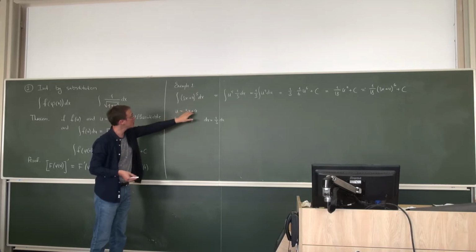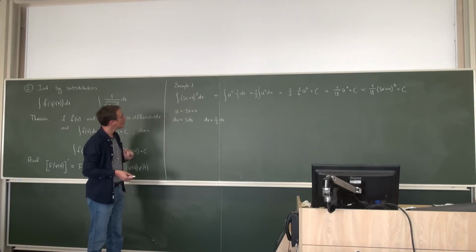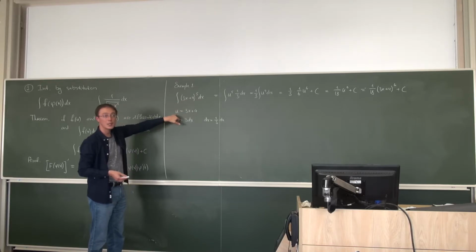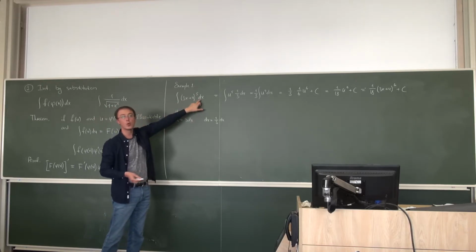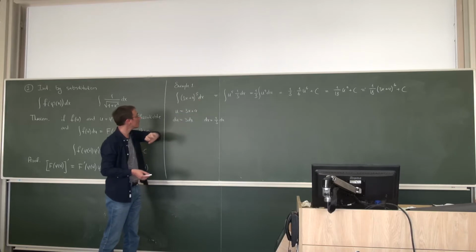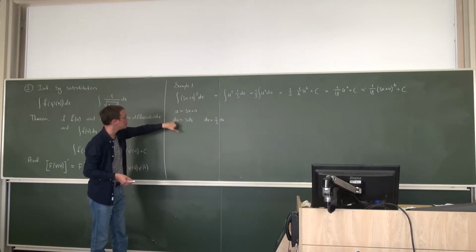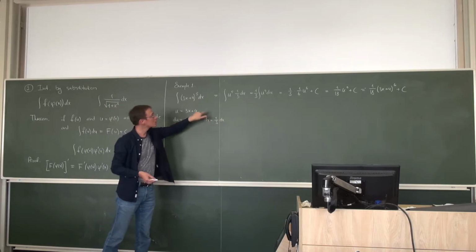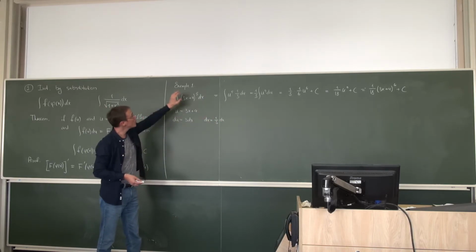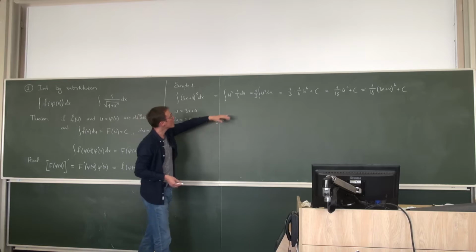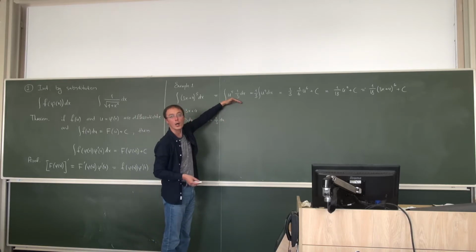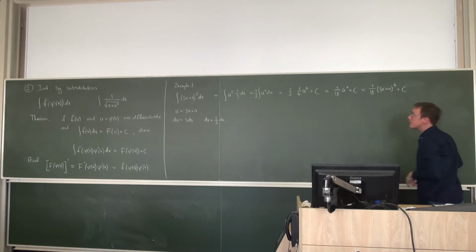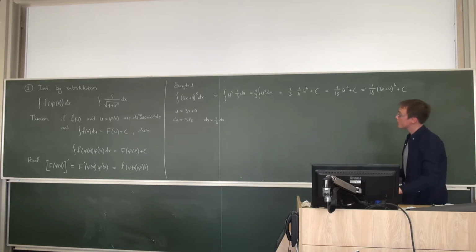So we declare that a new variable. We then need to replace that with the new variable, but importantly this dx is also transformed as a result, and so we need to calculate du. It will depend on dx, and then we can use it to substitute that back. When we make both replacements, we arrive at an integral that we do know how to take. We take that integral, and at the very end, we reverse the substitution.